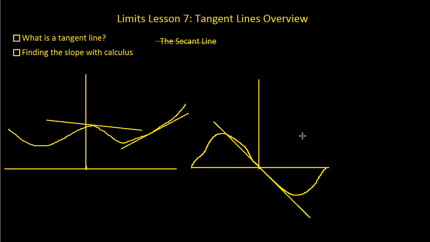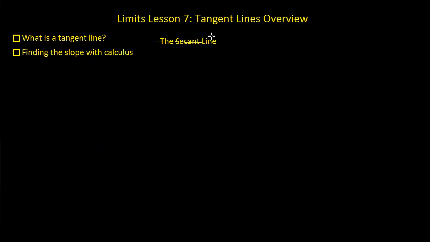So our definition of a single point doesn't really work when dealing with squiggly curves. It'll work on something like this, where it's just touching at a single point there. But when we get to some of these rougher places, sometimes it can be hard to tell exactly where to put that tangent line. So what we're going to do is throw out our old definition, which says that it's just touching at a single point, and start fresh with finding the slope with calculus.